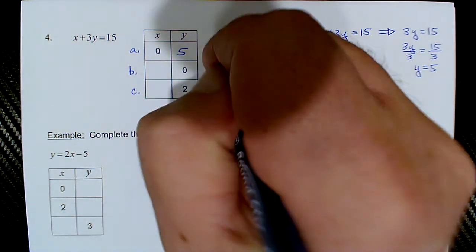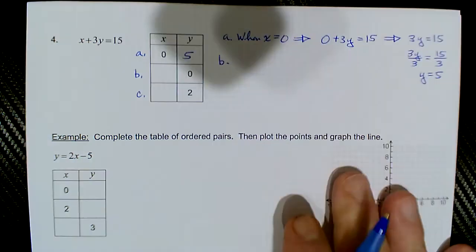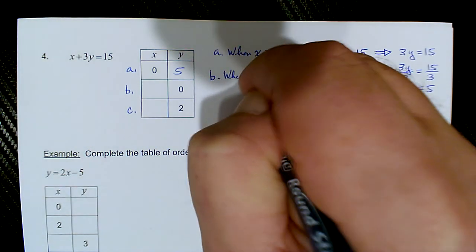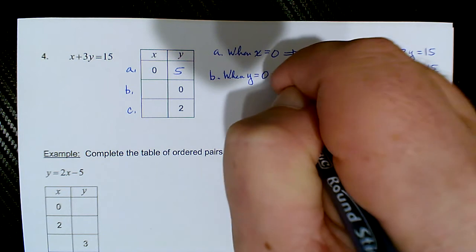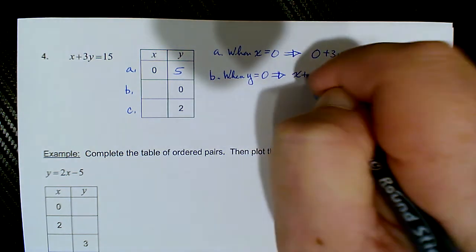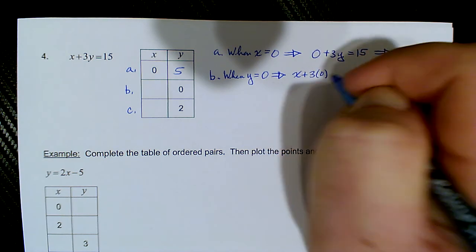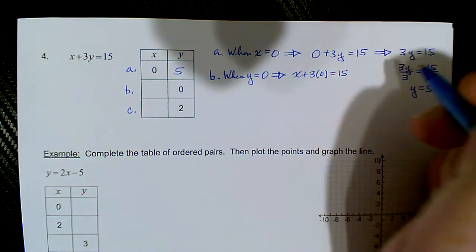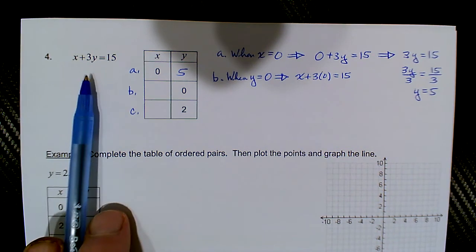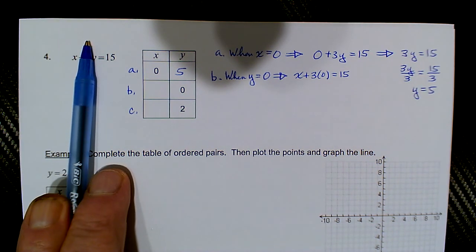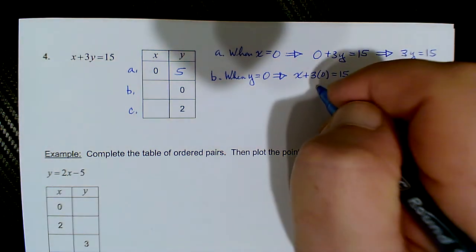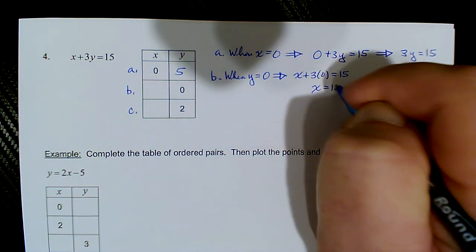And that's basically what they're setting us up for here, and that will have significant meaning in another lesson or two. But here when y is 0, okay, I'll show it literally. x plus 3 times 0 is 15. But see, literally the substitution is not necessary, because if you replace y by 0, that term goes away, and you can see the answer right away, x equals 15, which obviously is what we get here when we show it literally.